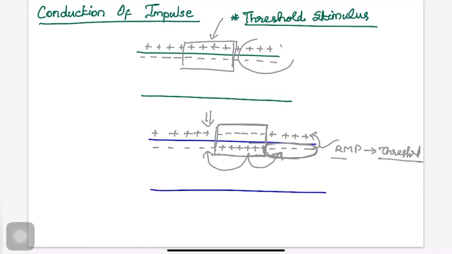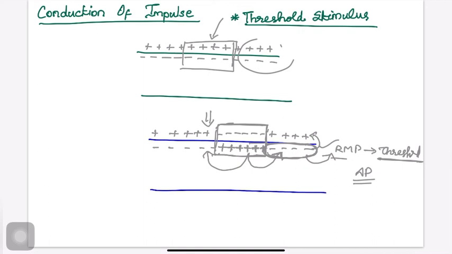So what happens when the resting membrane potential reaches the threshold potential? The action potential will be generated here. So by this action, the whole impulse is conducted along the nerve fiber. This is the mechanism by which the impulse is conducted. The point where the stimulus is applied will generate an action potential initially.